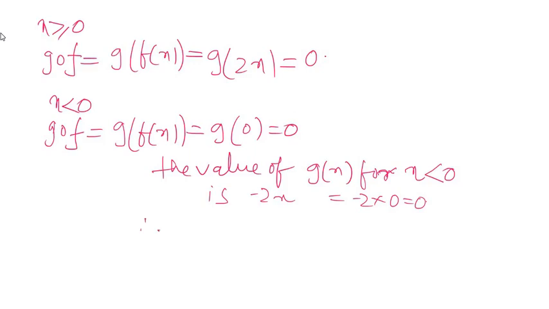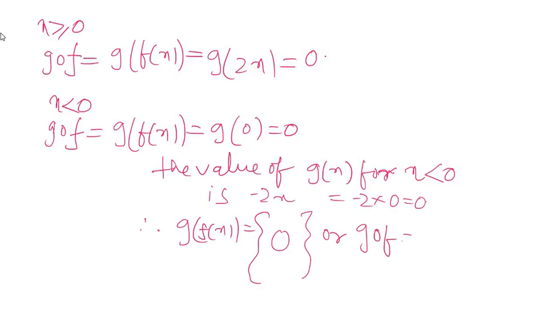Therefore, g of f of x can be written as 0, or you can write g of f is equal to 0 for all x belonging to the real numbers.